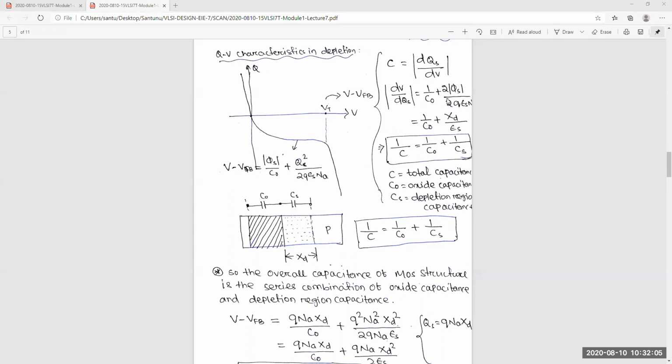You will get Qs by q Na, where Qs is the surface charge and Na is the number of charges per centimeter cube. So Qs by q Na will be Xd. Finally you will get 1 by C0 plus Xd by epsilon s. So finally you can write these things.